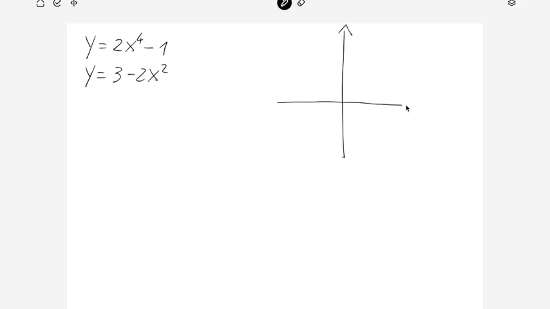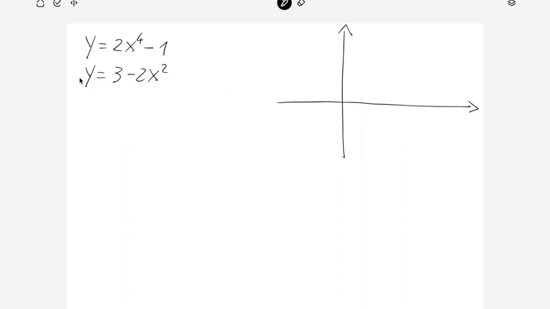Okay, so the region is confined between y equal to 2x to the 4 minus 1 and y equal 3 minus 2x squared. First of all, we have to draw this region.